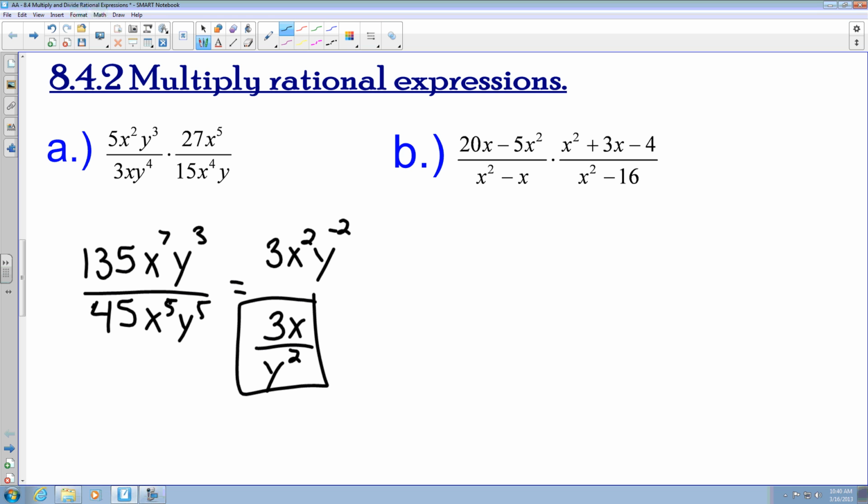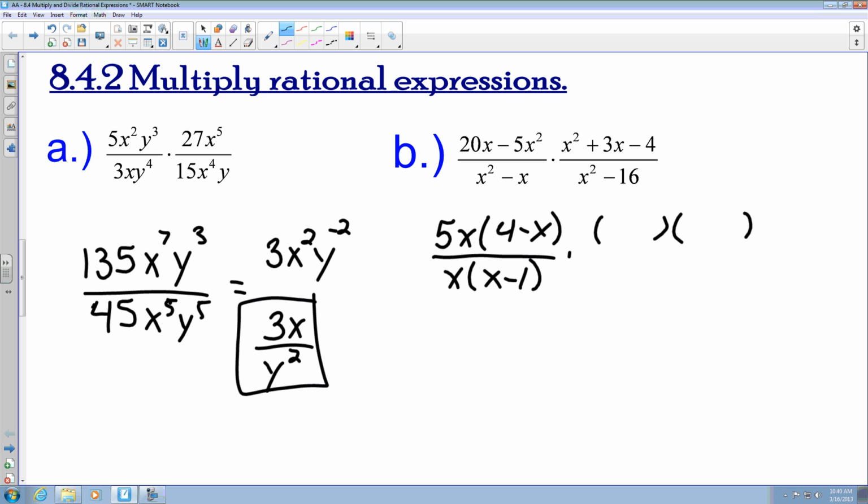First off, I can take out a 5x in this numerator here, which will leave me with 4 minus x, divided by, I can take out an x in the denominator here, so it leaves me with x minus 1, multiplied by, I can factor this out using reverse FOIL. I got x here and x here.